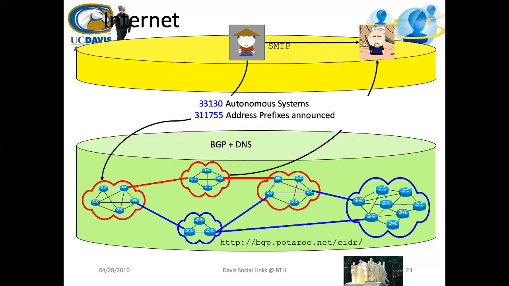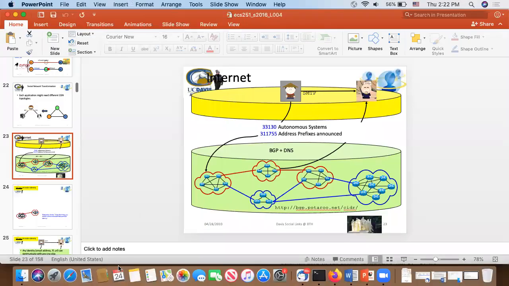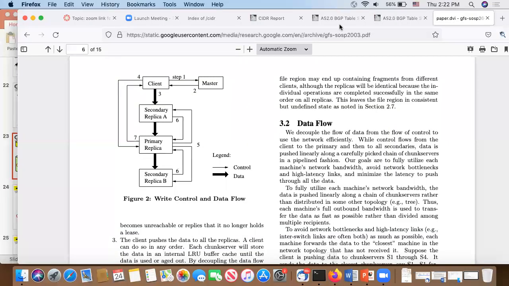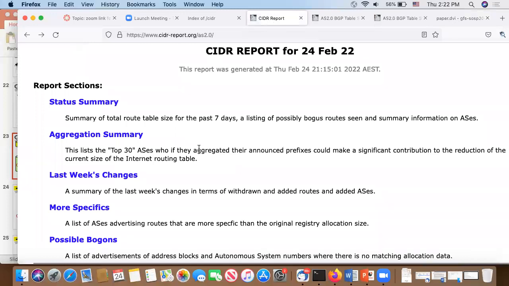So let me just show you what it is today. Before I came to this classroom, I actually just checked. Here's a website you can check anytime about the status. This is called the CIDR report. This website is continuously tracking how many autonomous systems we have and how many IP address blocks.